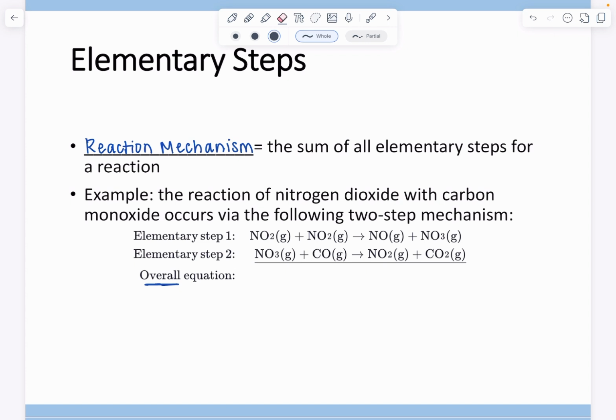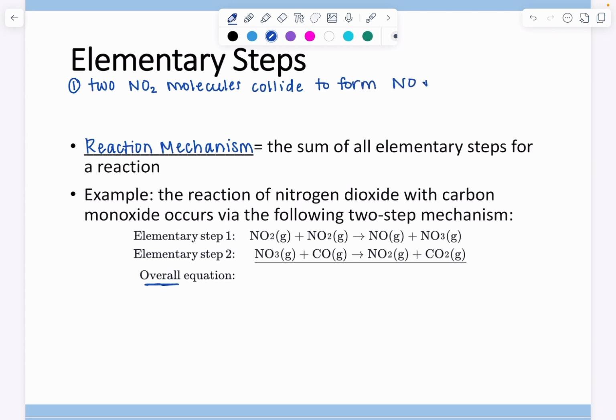So first, NO2 and NO2 collide. They form NO and NO3. So let's write that in words up here. Step 1, 2 NO2 molecules collide to form NO and NO3.